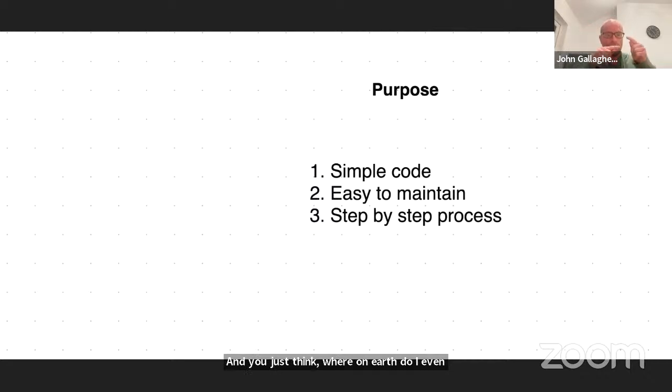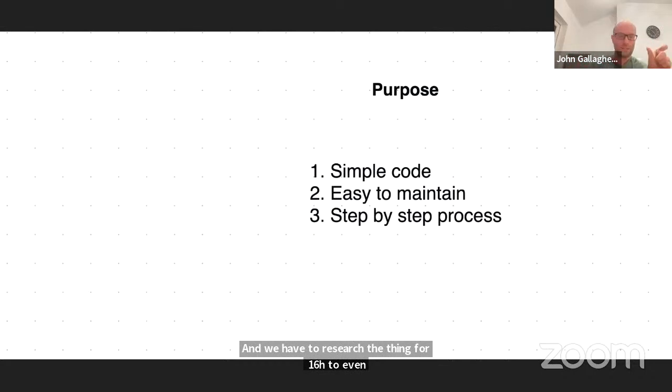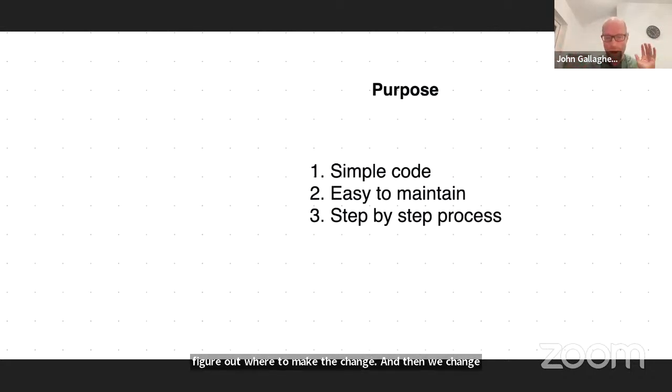Like, this is calling this and that's calling this, and I need to make this change. And that's where everything starts for us, isn't it? Is we want to make a change to the software, and then we have to research the thing for 16 hours to even figure out where to make the change. And then we change this one bit over here and it has all these ripple effects. So the name of the game with good design is easy to maintain and easy to change code.